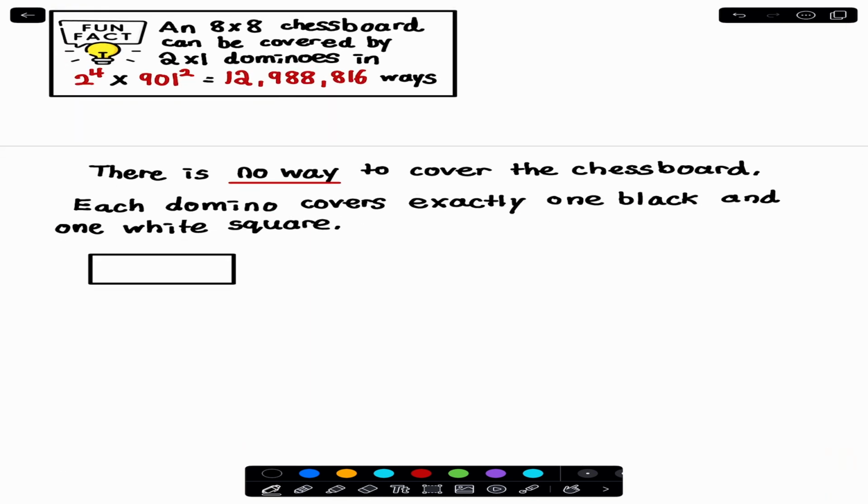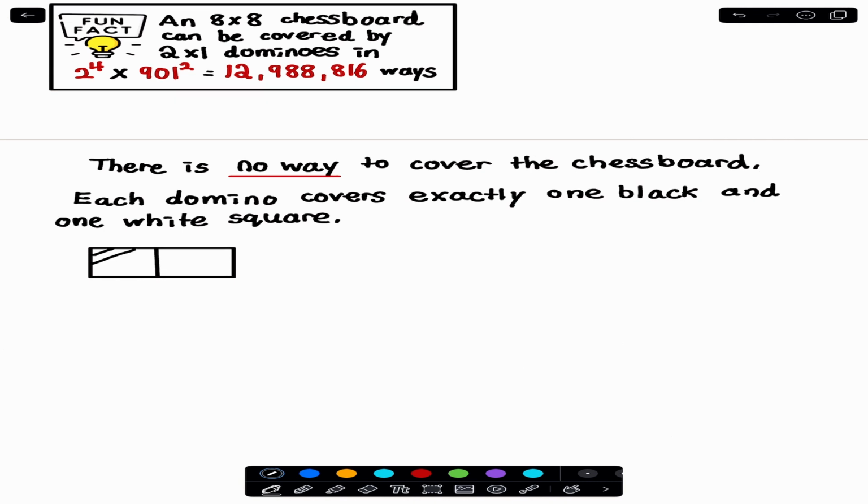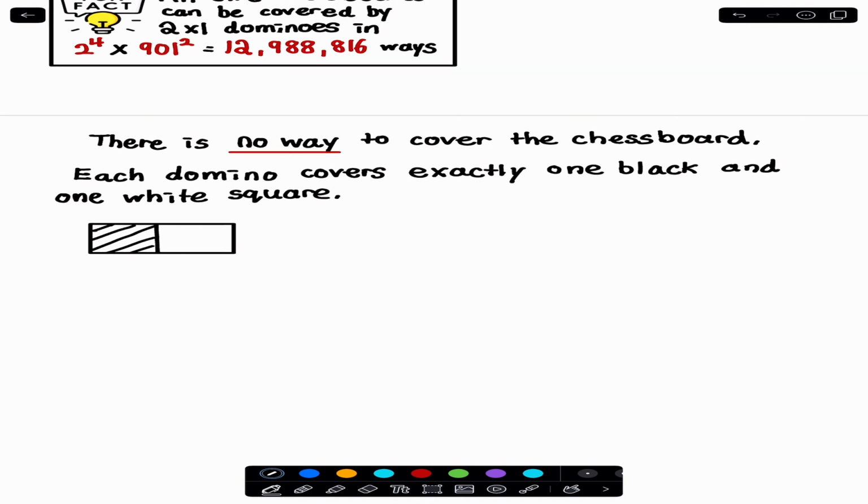So if I just drew a domino really quick, each domino would cover one black, so let's just symbolize it like this, and one white.